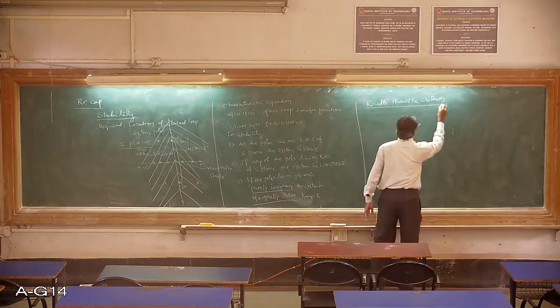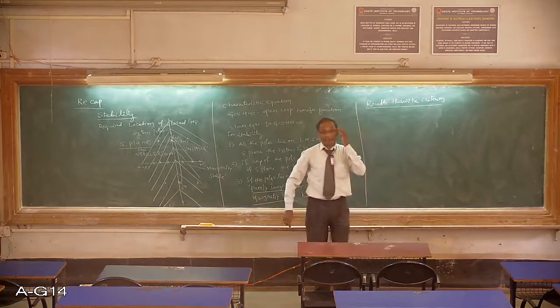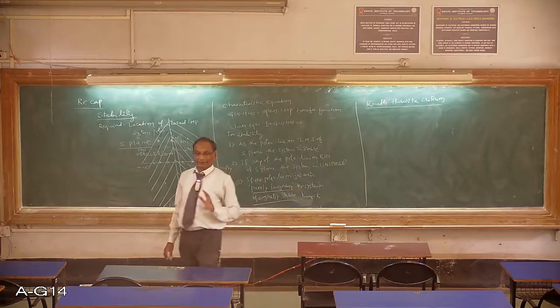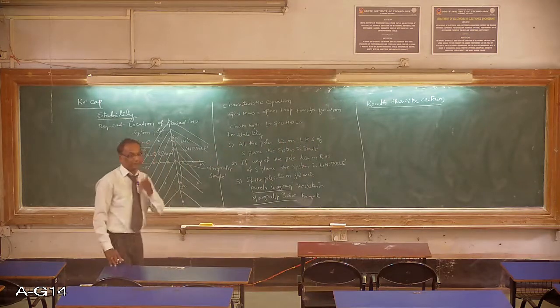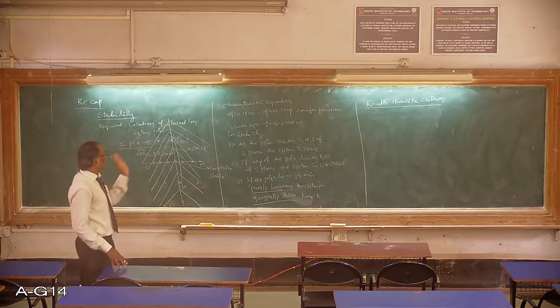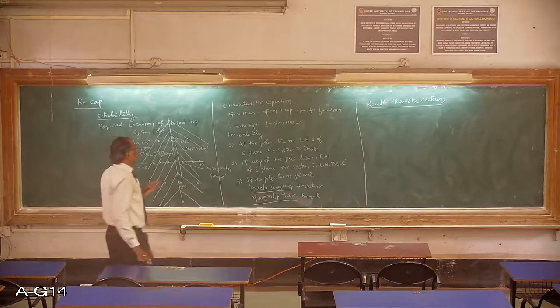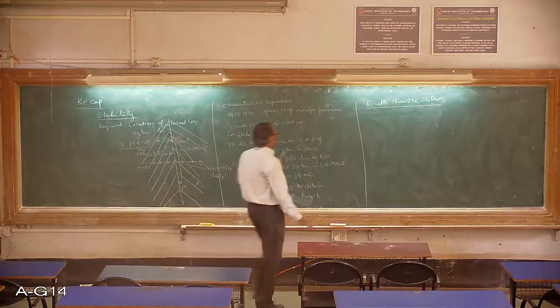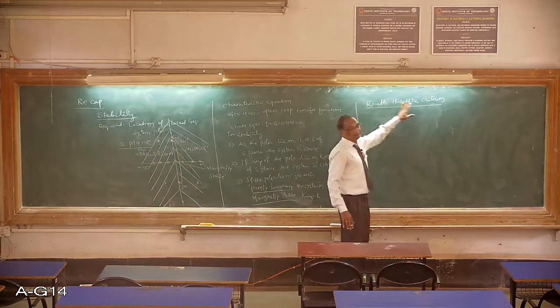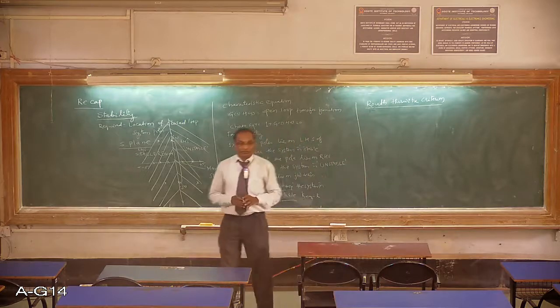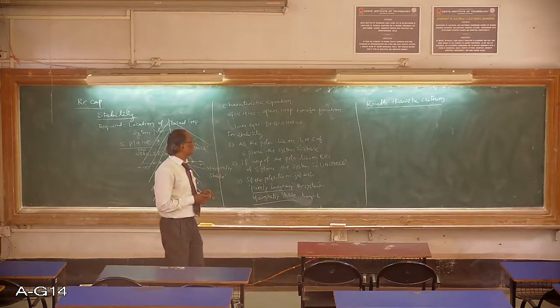We use the Routh-Hurwitz criterion to find where the poles are lying, not their locations, just whether they are on the left half of the S-plane, whether they are on the right half of the S-plane, how many are on the right half, and how many are on the left half. For this, we have a criterion given by Routh and Hurwitz, two scientists, given combinedly to test the stability of a given system.